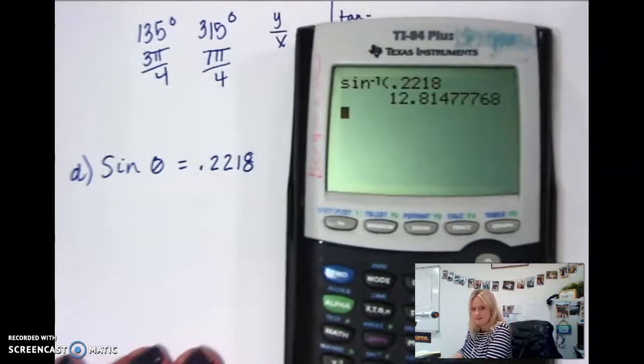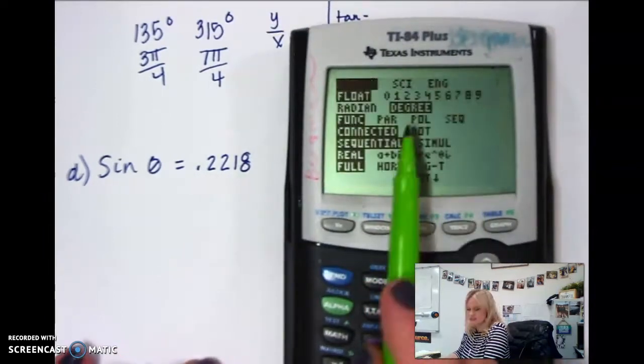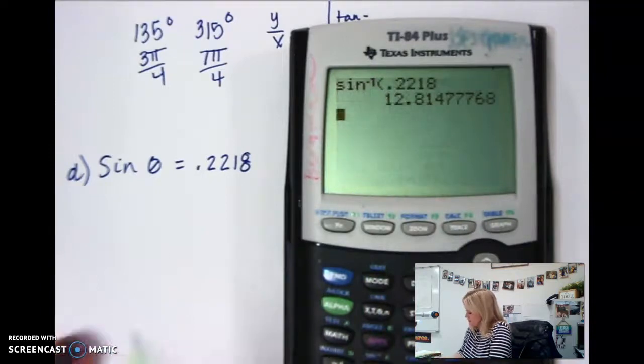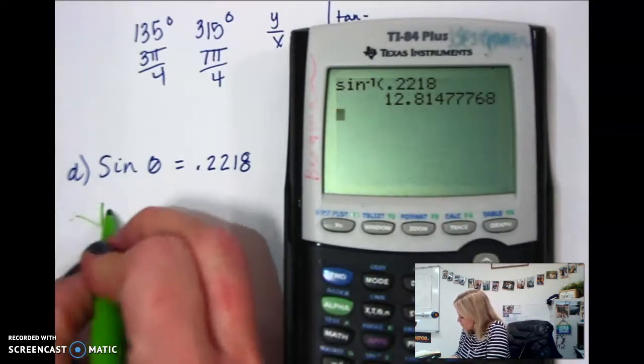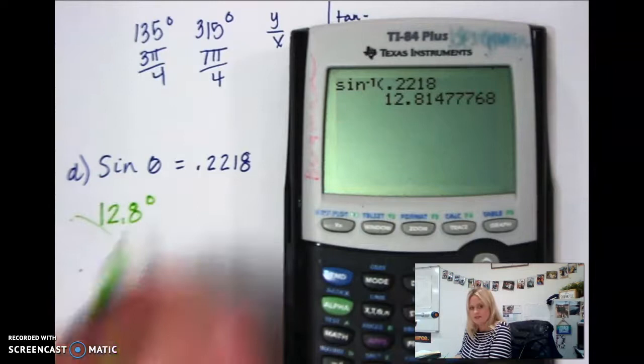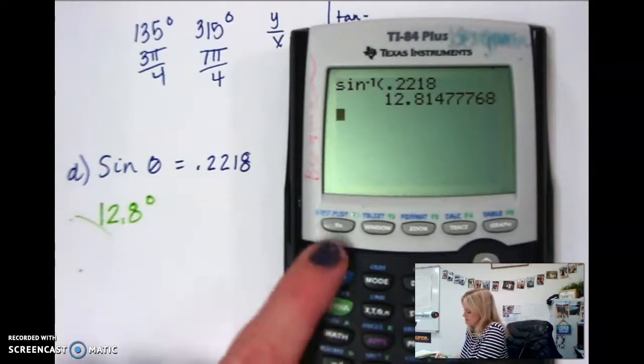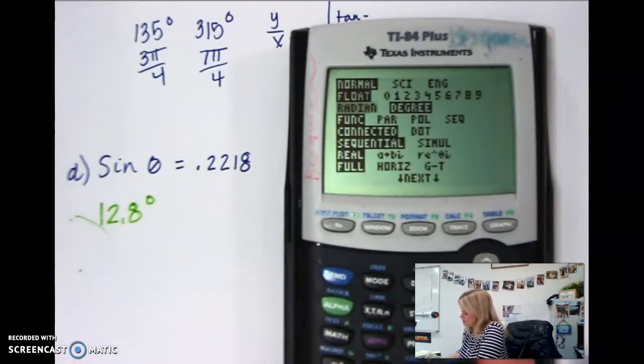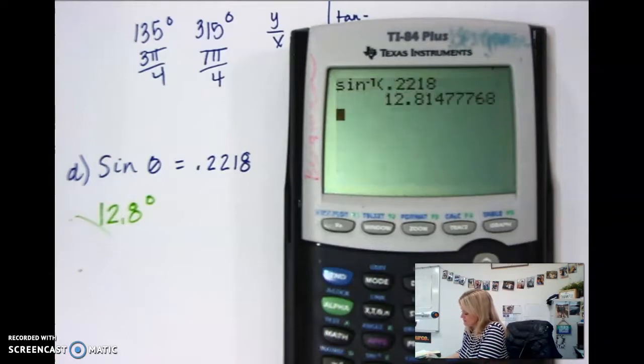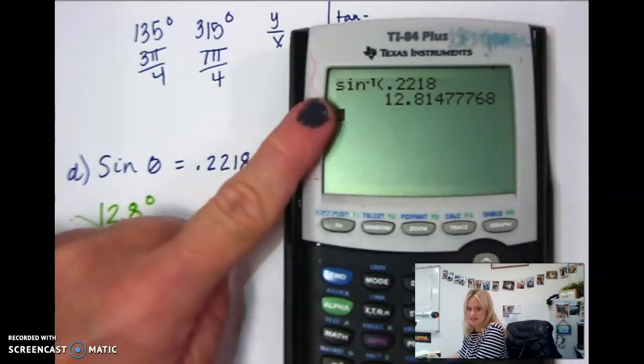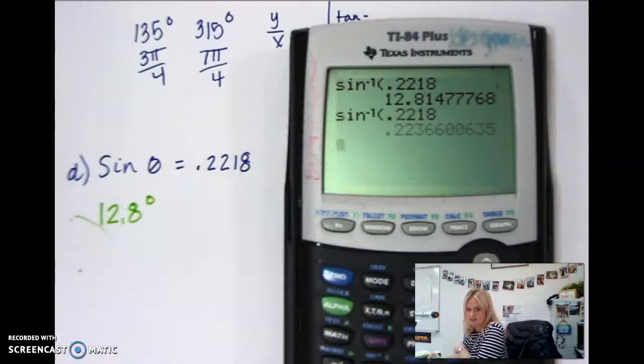Now, my calculator happens to be in degree mode, so my answer is 12.8 degrees. I can also change to radian mode. Notice I didn't take my degree off and hit enter, and that is my radian mode also.